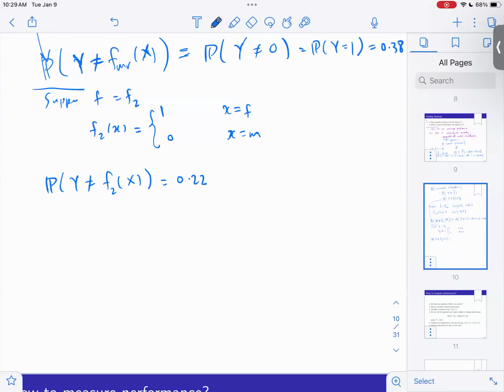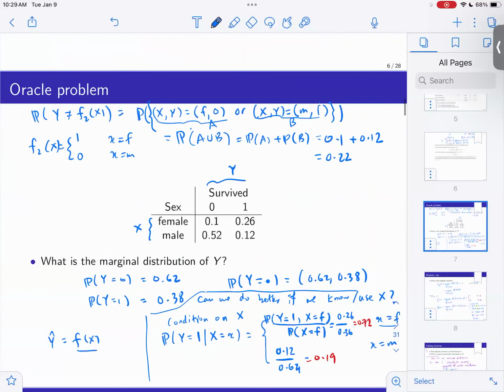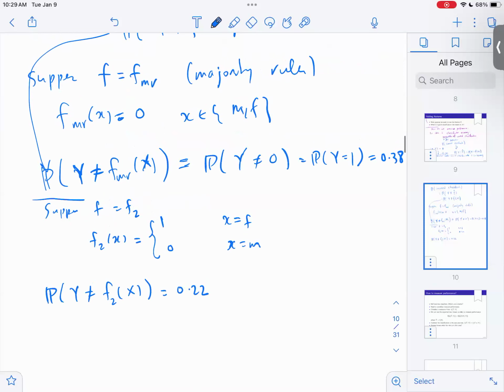0.22. I'm going to stop here, see if there are any questions. There's 0.22 and there's 0.38. So which one is better? If you want to reduce your classification error, then this is better. If you want to do something else, maybe something else is better.